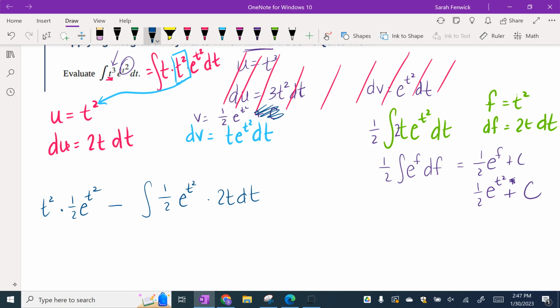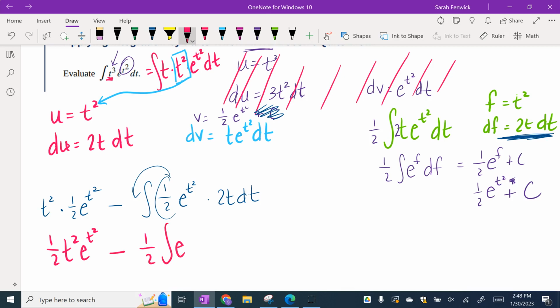Now, my first instinct was always to multiply the 1/2 and the 2 there and simplify. But if you remember right, I'm going to need that 2 to make this work. So I'm just going to take the 1/2 out here. So when I rewrite, I have 1/2 t squared e to the t squared minus 1/2 integral e to the t squared times 2t dt.